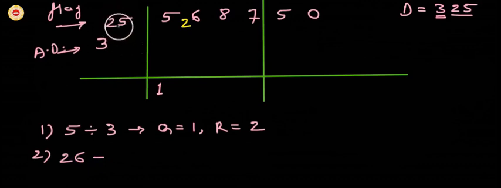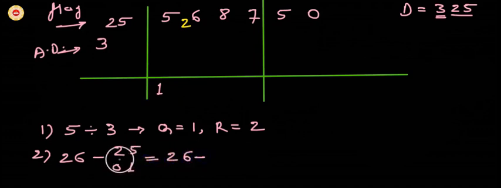cross product of flag digits and last two quotient digits. What are flag digits? 2 and 5. 25 is flag. And what are last two quotient digits? 0, 1. See, this is first quotient digit. So I have written 0 here, which gives us how much? 26 minus, see, cross product. 1 2s are 2. 26 minus 2, 24. 24 is net dividend.